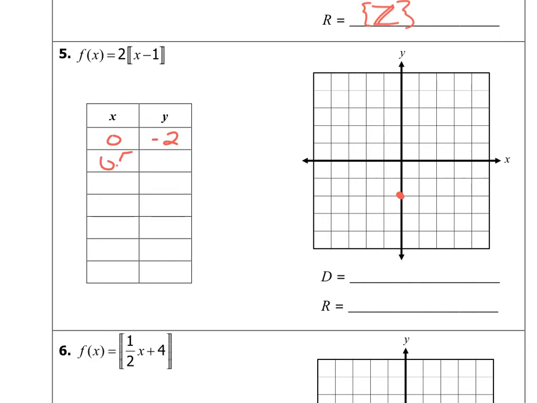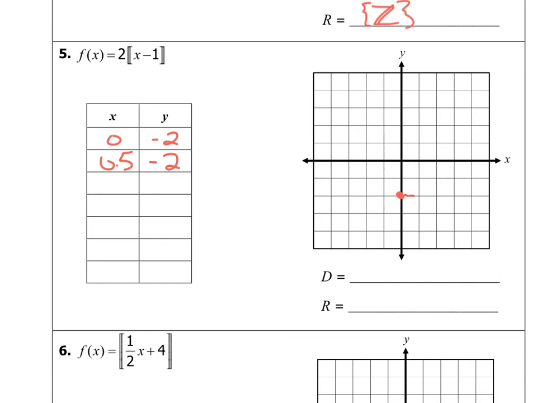At 0.5, if we subtract 1, you get negative 0.5. And if you round that down, you'd be at negative 1. Negative 1 times 2 would be negative 2. Okay? So at 0.5, we go negative 2. So we're still on this little line that goes right there, right?